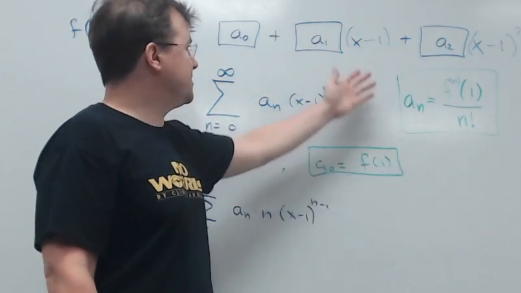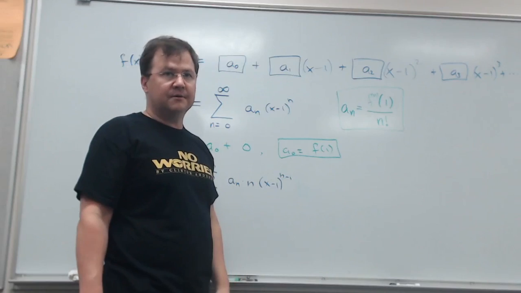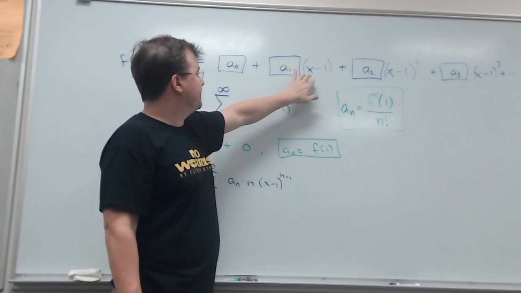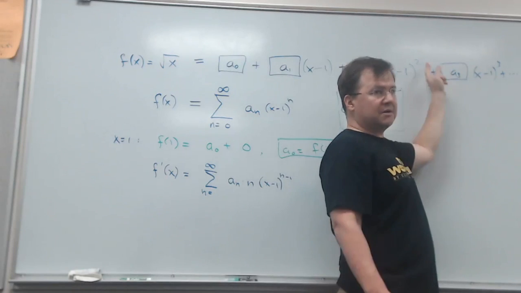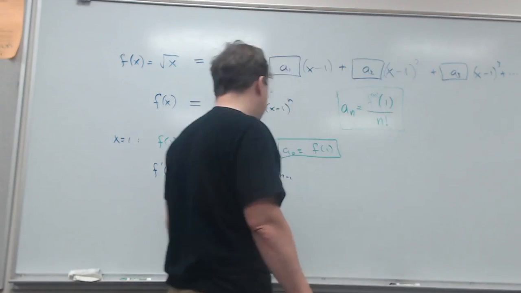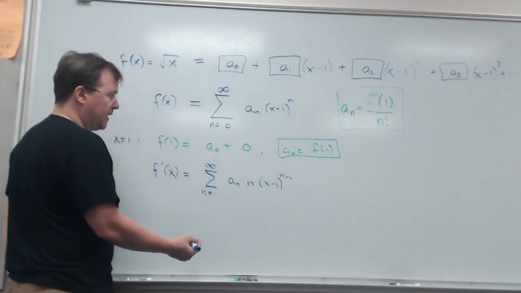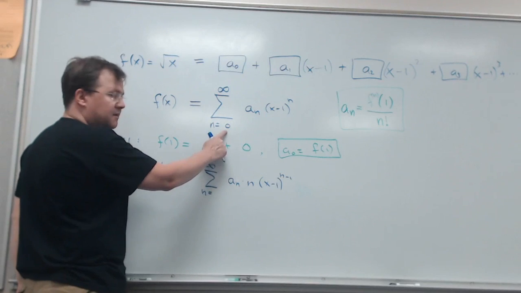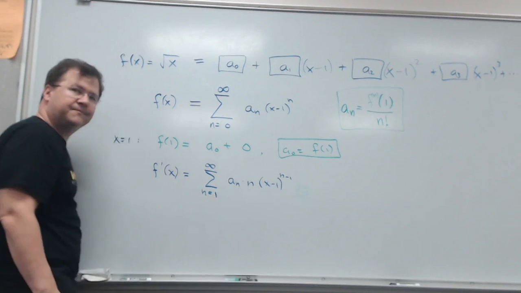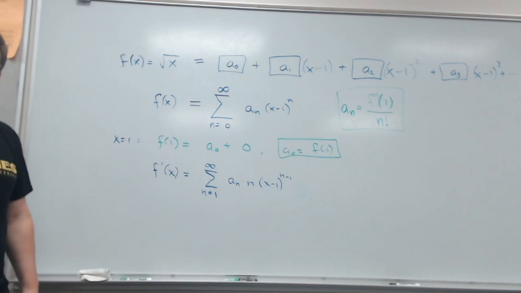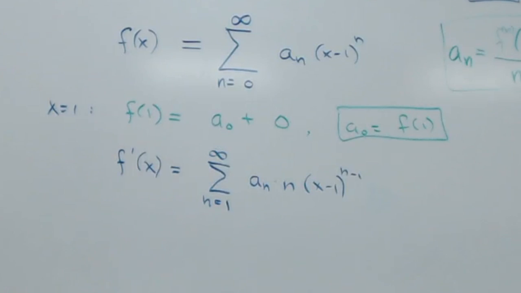But for the rest of these, the derivative won't be 0, right? In this case, you'll be bringing down a 2. In this case, you'll be bringing down a 3, decreasing the power. So that's why it's a really subtle point. Whereas before I was starting at 0, now I'm starting at 1, because that term would be 0.